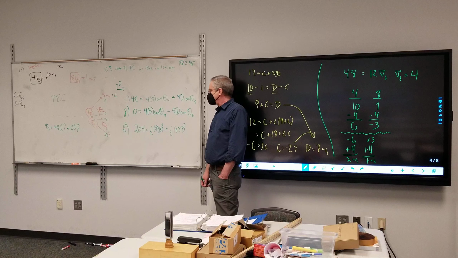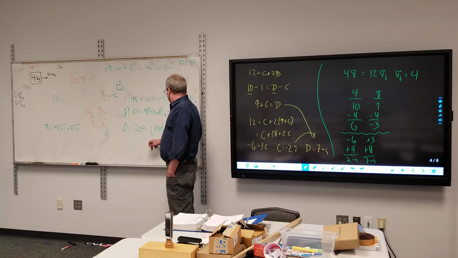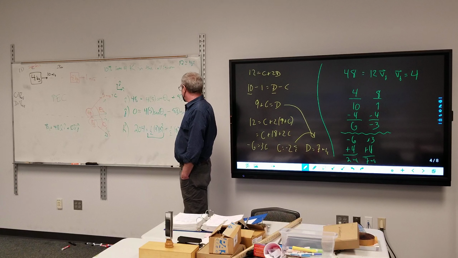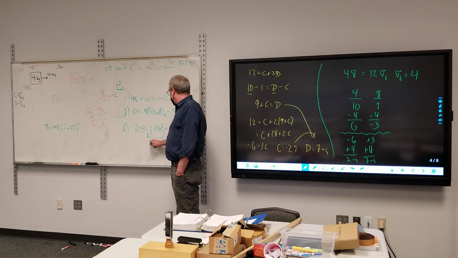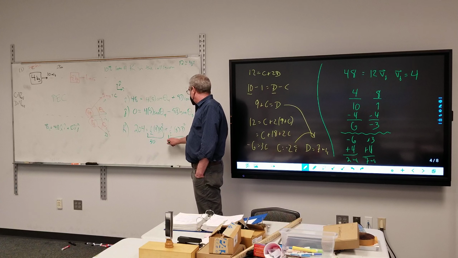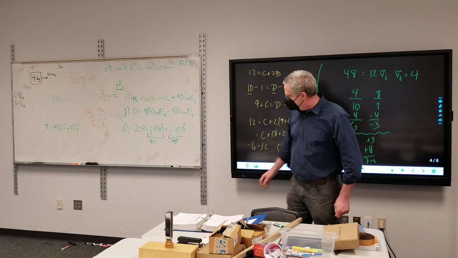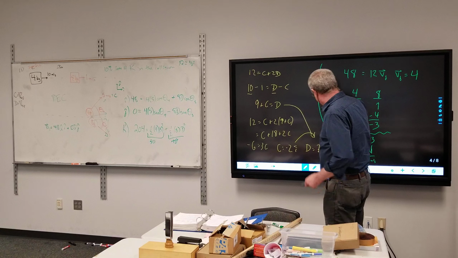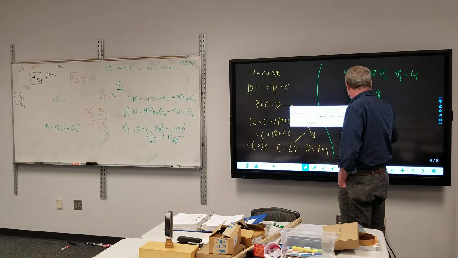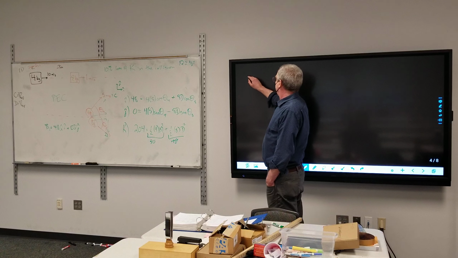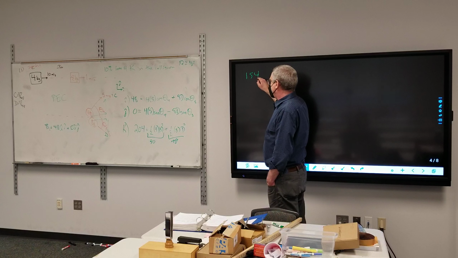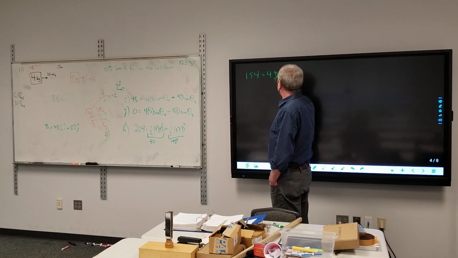That almost makes it too easy. Let's go ahead and solve it, see what happens. That is 50. That's 4d squared. So I got 154 is equal to 4d squared.